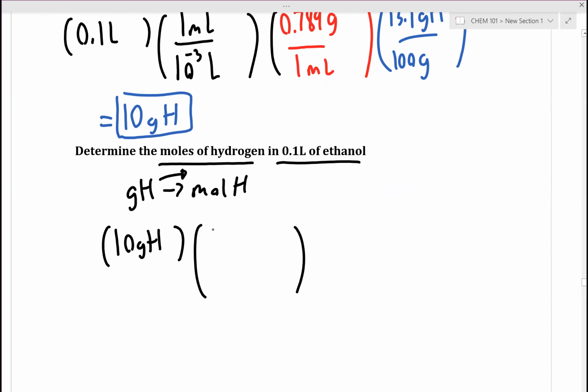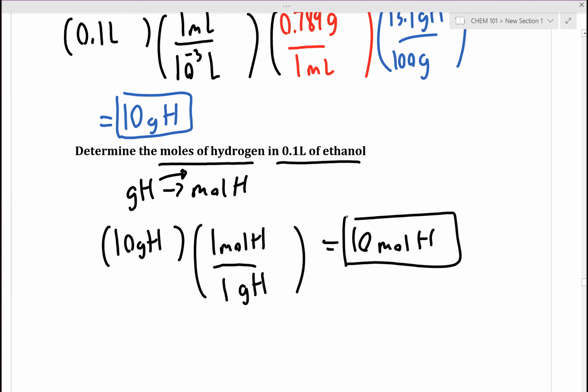Moles. So in 1 mole of hydrogen, we have how many grams of hydrogen? What's hydrogen's molar mass? 1. So that in turn gives us 10 moles of hydrogen. You can also say 10 moles of hydrogen atoms as well.